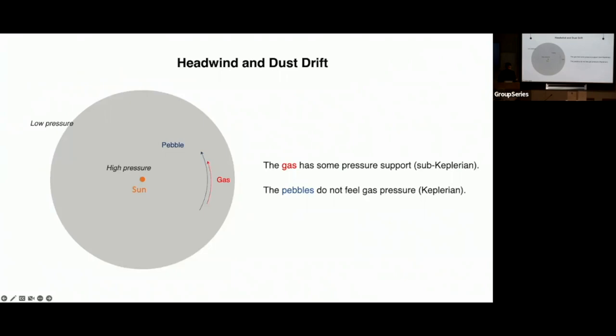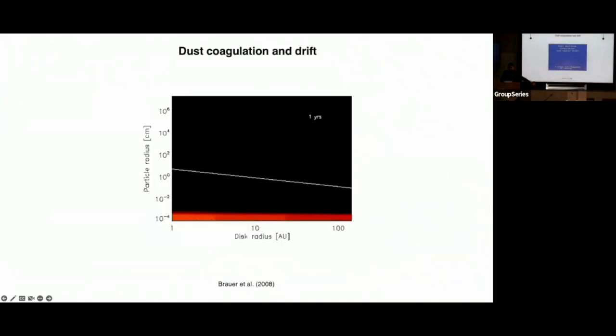The pebbles, though, don't feel this pressure gradient, it only affects the gas. So they orbit at the speed a planet would, in balance between the gravity from the star and the centrifugal force. This mismatch between the speeds of the gas and the pebbles makes the pebbles feel a headwind. They lose angular momentum and drift towards the star.